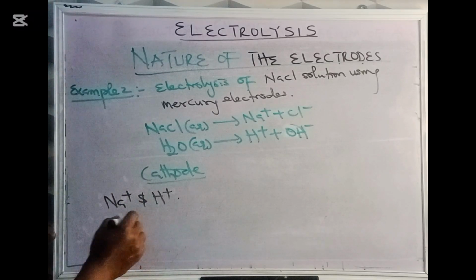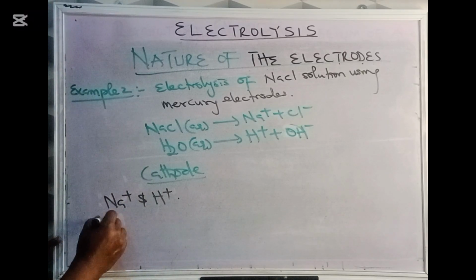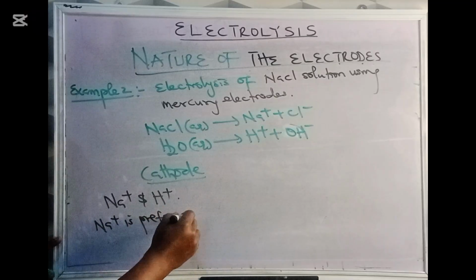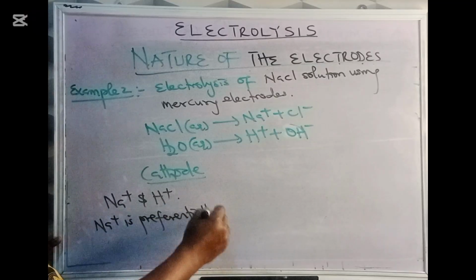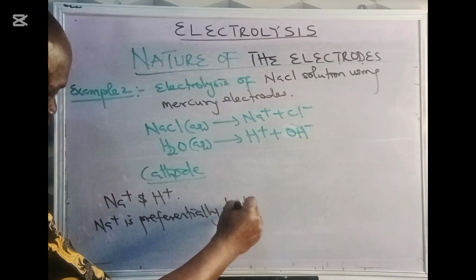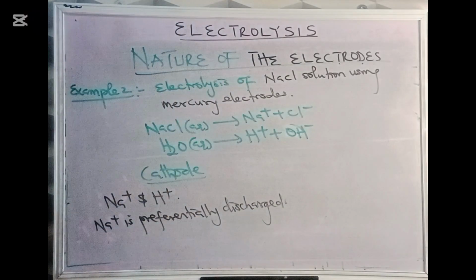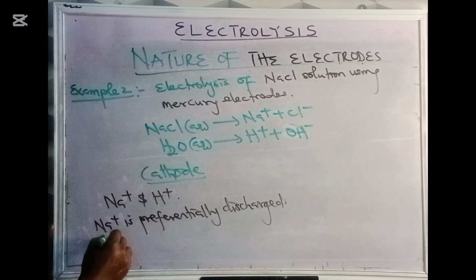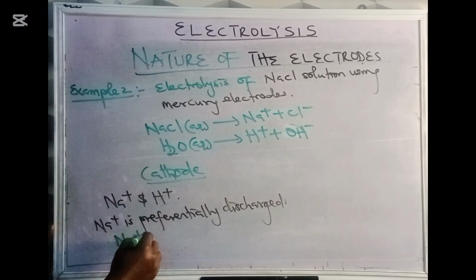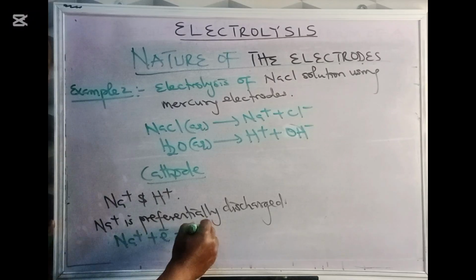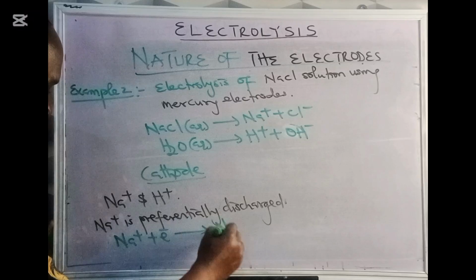So for that reason, sodium ion is preferentially discharged due to the nature of the electrode, because you are using mercury. So sodium ion will gain an electron and become sodium.